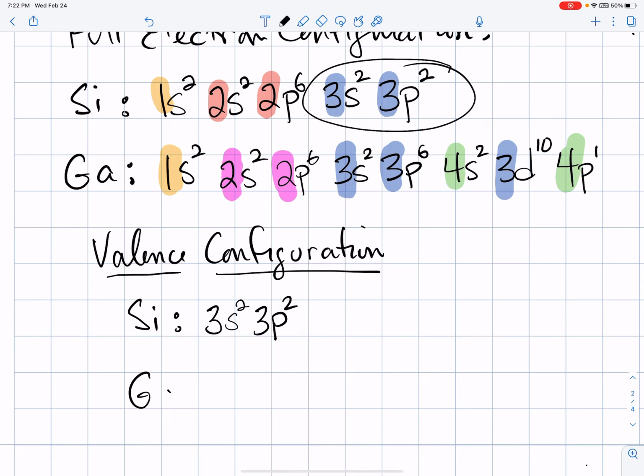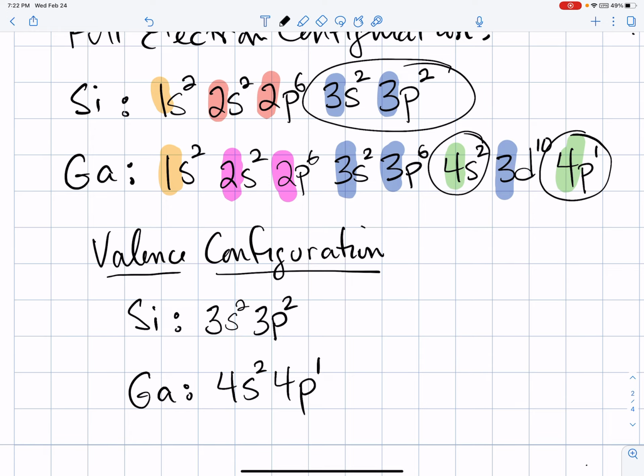Do the same thing for gallium, but notice that for gallium, the highest energy level, the valence level, is level 4. It's got level 1, level 2, level 3, and level 4. So you'll include only the parts that are on level 4. For gallium, 4s2 and 4p1 would be the valence configuration of that element.